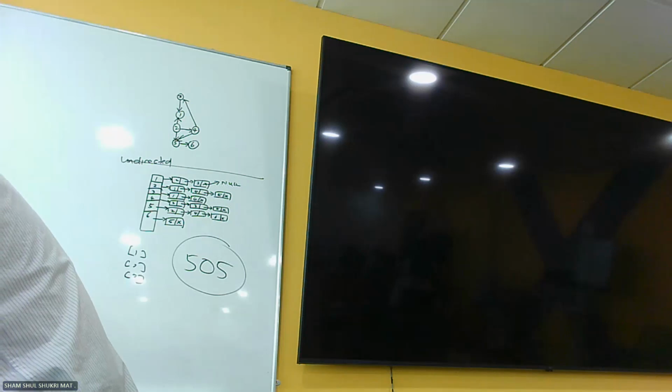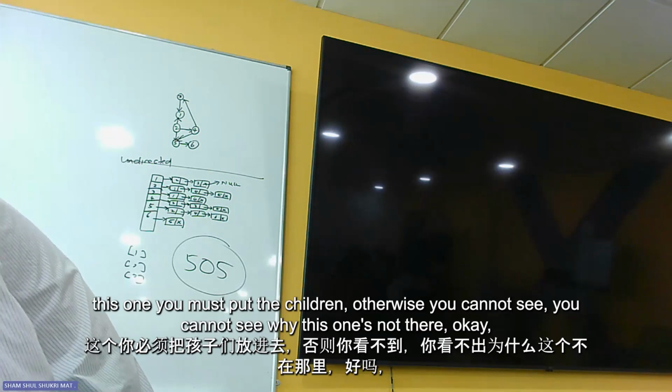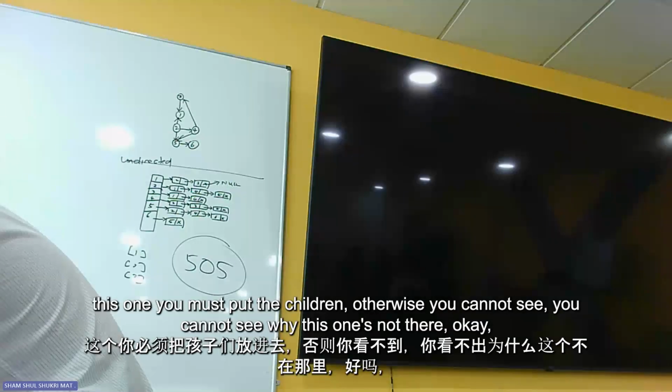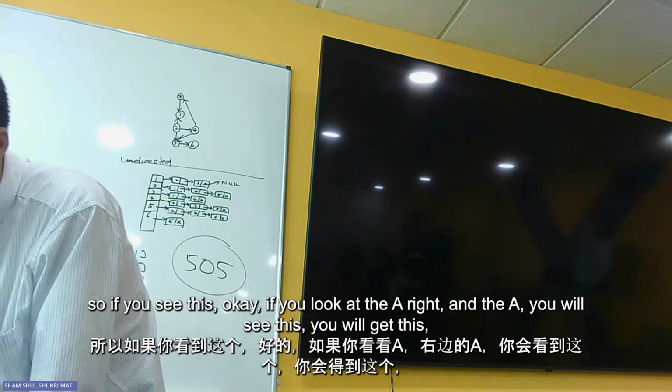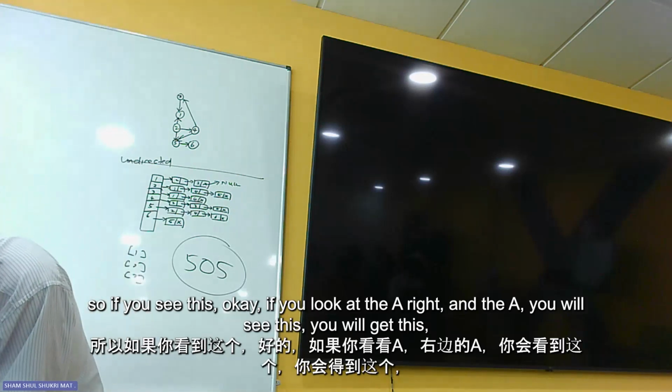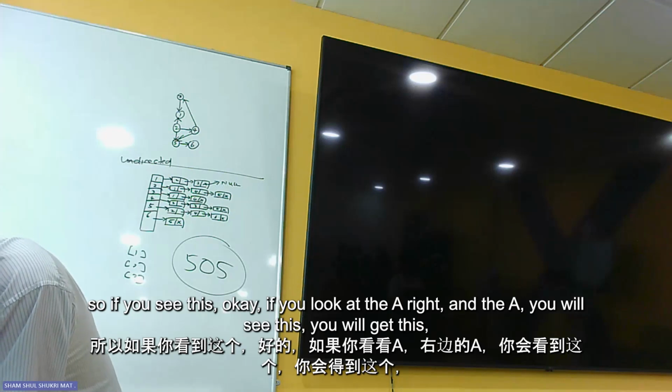This one, you must put the children, otherwise you cannot see why this one is not there. So if you look on the A, you will see this.